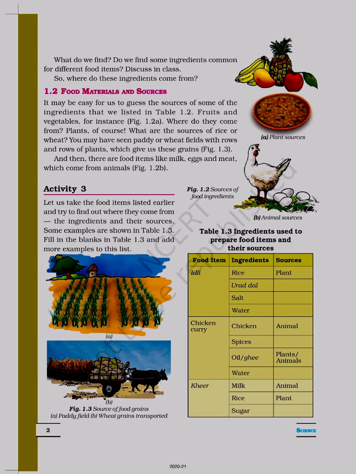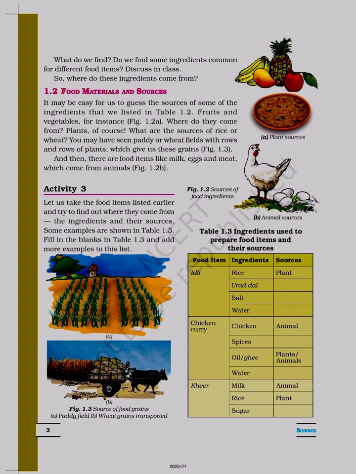Ingredients used to prepare food items and their sources. Food item: idli. Ingredients: rice, urad dal, salt, water. Sources: plant. Chicken curry. Ingredients: chicken, spices, oil, ghee, water. Sources: chicken from animal, oil and ghee from plants and animals.